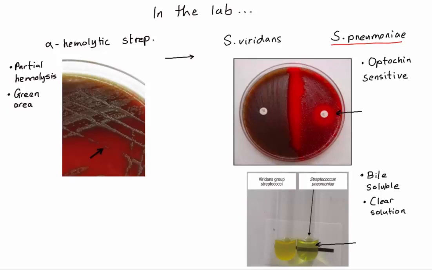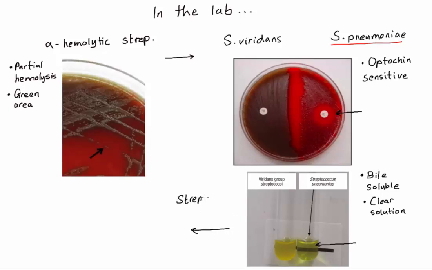If the bile dissolves the bacteria, you will get a clear fluid, like the one on the right, and this tells you that the bacteria in there is sensitive to bile. It's being dissolved by bile, so that is strep pneumonia. If it remains cloudy, then it's strep viridans. Okay, now based on these 2 tests, we know that we have strep pneumonia.